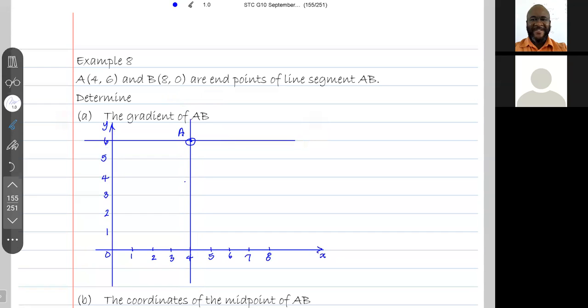B is the point (8, 0), so B would be here. And if I draw a line connecting them, this would be line segment AB.